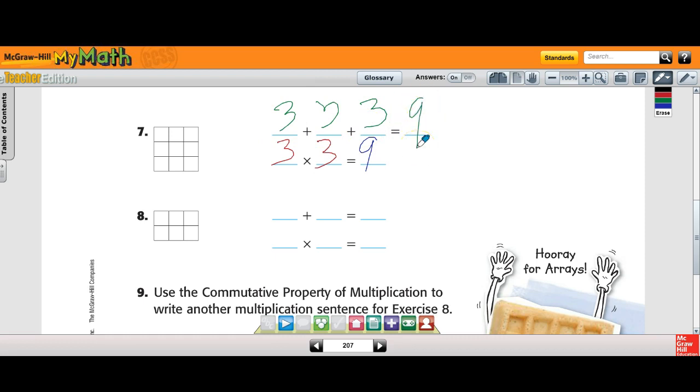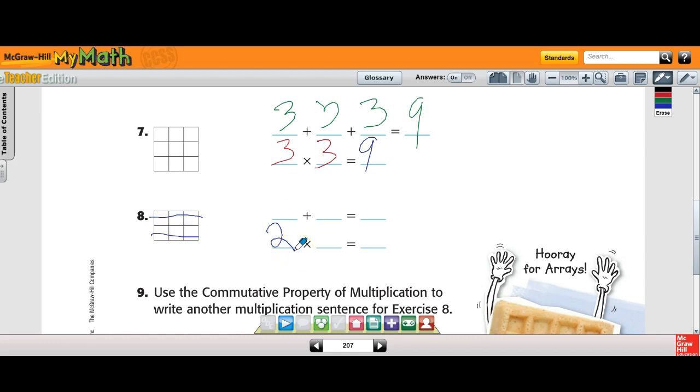Michael, do number 8 for me. Tell me what I need to do. Start with the multiplication sentence. The first number tells you how many rows do I have. 1, 2. Well, how many rows? 2. 2 rows. 3.